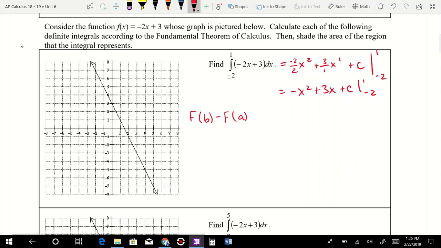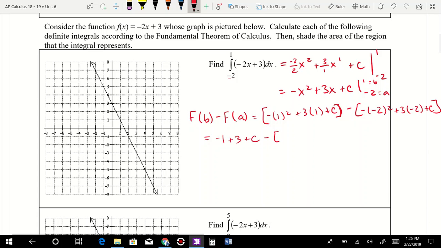If our b is 1 and our a is negative 2, that means that we're looking at negative 1 squared plus 3 times 1 plus c minus negative 2 squared plus 3 times negative 2 plus c, which will give us negative 1 plus 3 plus c minus negative 4 minus 6 plus c.